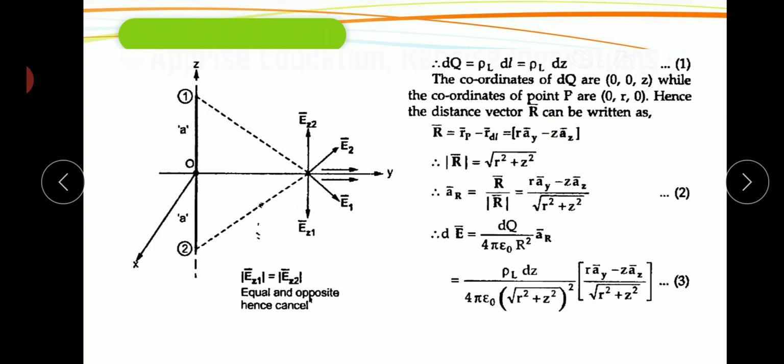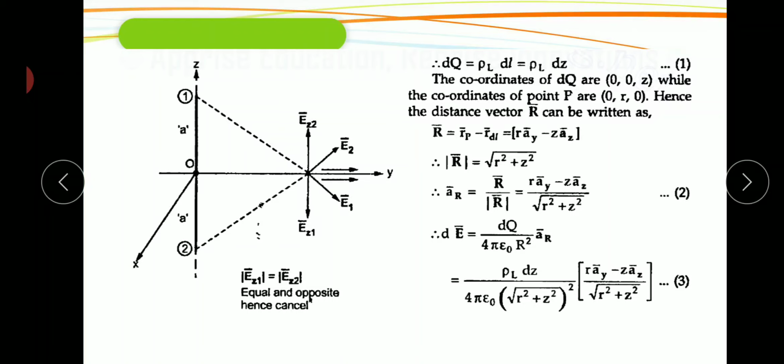Now we have to take the magnitude of this equation, that is mod of r bar. So the mod of r bar, general formula is square root of coefficient of ax whole square plus coefficient of ay whole square plus coefficient of az whole square. Here the coefficient of ax is not there, so simply we neglect. Now the coefficient of ay square is r square, plus coefficient of az is z, so z square.